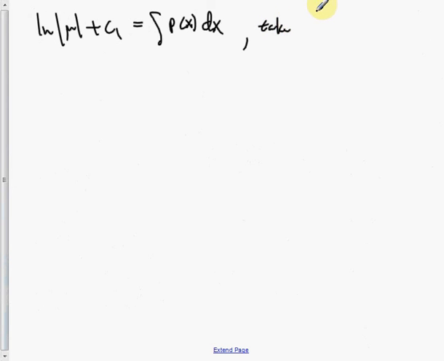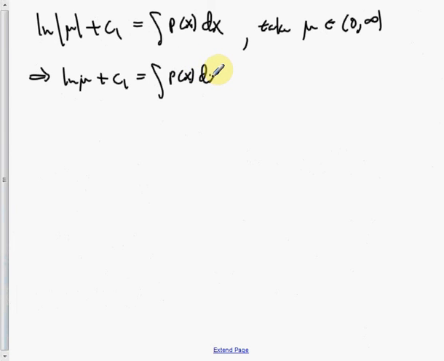Let's here take mu to be on the interval from 0 to positive infinity. That implies that I can drop the absolute value sign. So this is the natural log of mu plus c sub 1 is equal to the integral of P of x dx.